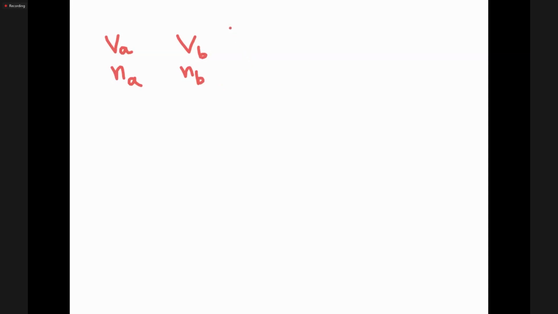So in the first case, we have the ideal gas equation PVa equal to NaRT. And for the second set of gases, which are the products, we have PVb equal to NbRT.